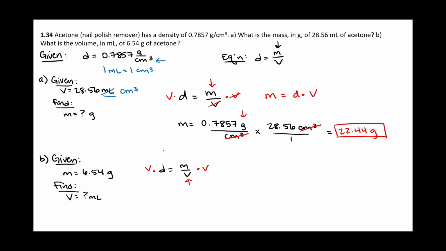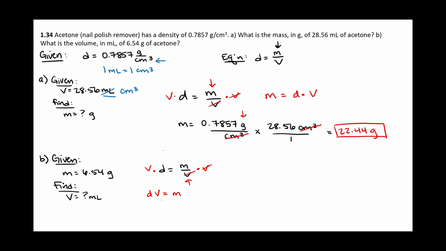I'm going to first multiply the volume by both sides. It's going to get it out of the denominator and into a numerator. So this gives me a new equation of dV equals m, which is what we had up here. Now I want to isolate my volume. I don't want density to be near it in this case.